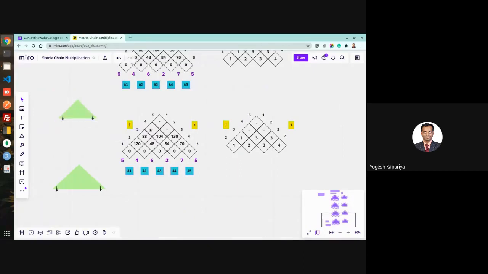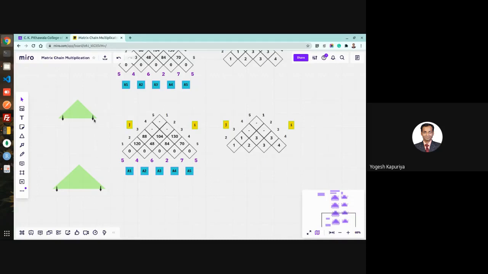So the first way, remember we are interested in this cell. That means you are interested in computing the result of A1, A2, A3 and A4 multiplication. When you want to put multiplication of this, there are 3 options basically.